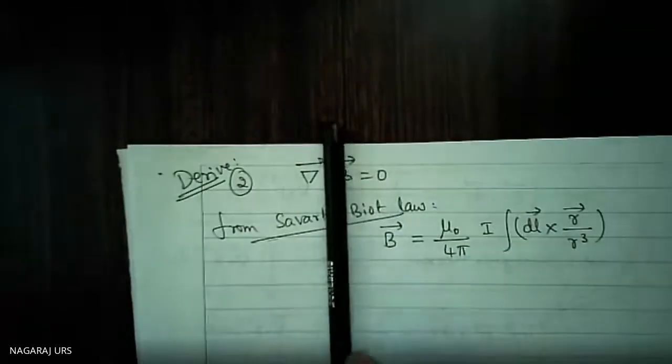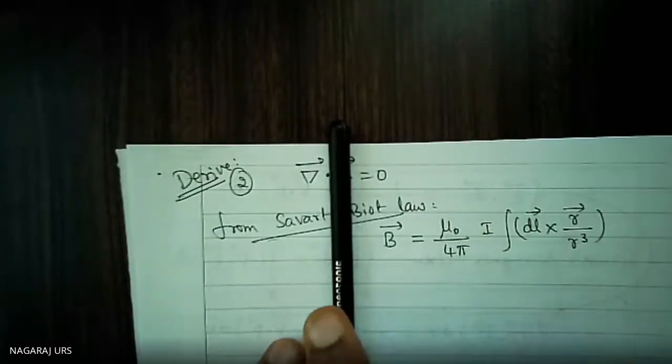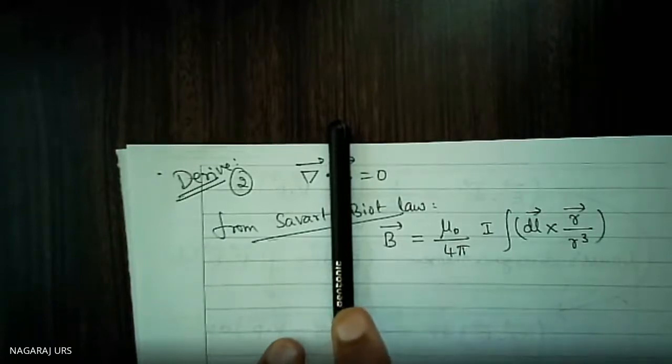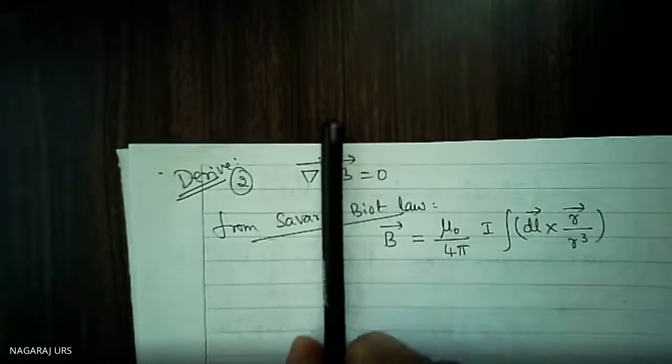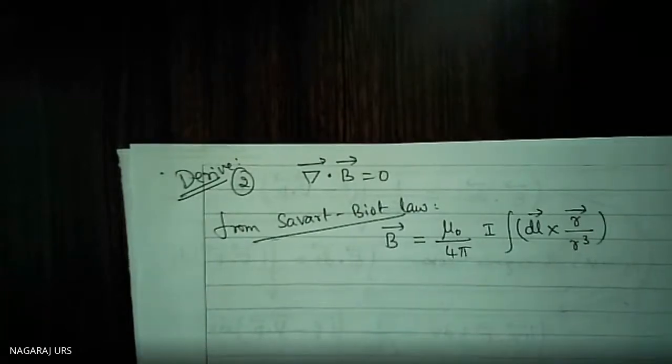If there is a current carrying wire and you require the magnetic field at a point, the perpendicular distance from the current carrying wire to the point is R. This is the position vector from the line element dl to the point under consideration, where we have measured the magnetic field. First one was for the electric field, second one is for the magnetic field. The equation we are deriving is for the magnetic field.